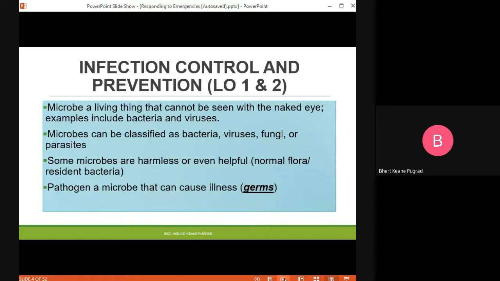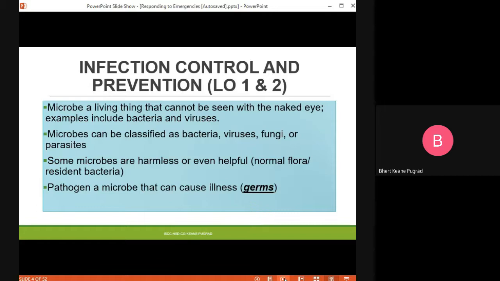A microbe is a living thing, a microorganism to be particular, that cannot be seen with the naked eye. This type of microorganism can be effectively visualized with the use of a microscope. Examples of microbes are bacteria and viruses.